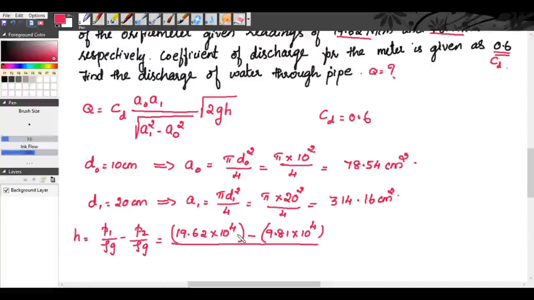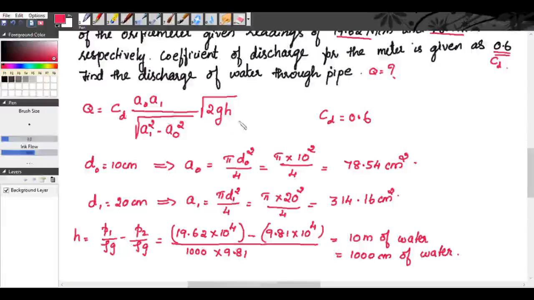Converting centimeter square to meter square, we take it as 10 raised to 4. Then rho G: rho is 1000 kilogram per meter cube and G is 9.81. So we get 10 meter of water, which is equal to 1000 centimeter of water. You should be very careful while converting. So it is 1000 centimeter of water.